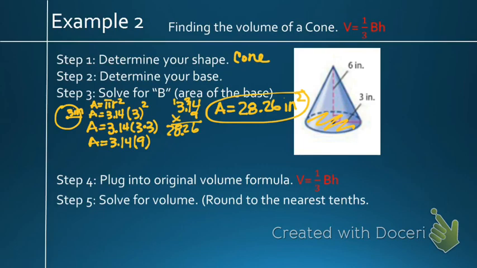Step 4, plug it back into your original formula. So volume equals 1/3 area of your base times your height. All I'm doing is plugging in our numbers. Our big B is 28.26. The height is the height of the whole shape, which is 6 inches. Okay, so I'm going to multiply.